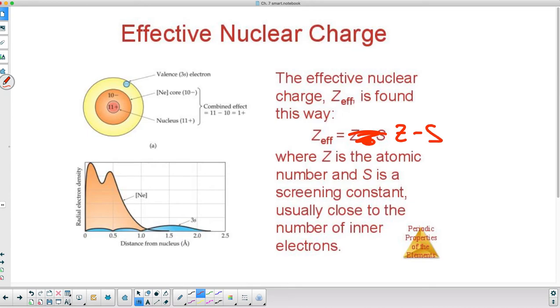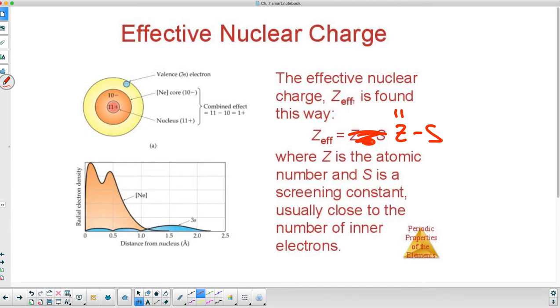Z minus S. Z is the number of plus charges, or the number of protons, which is 11 for sodium. S is the screening constant.